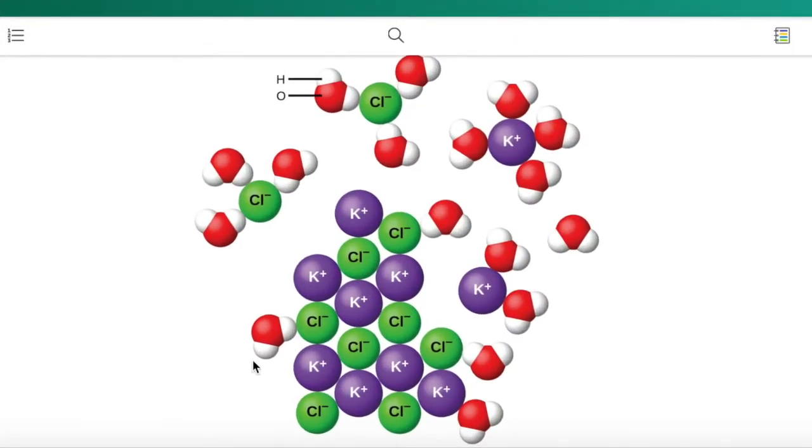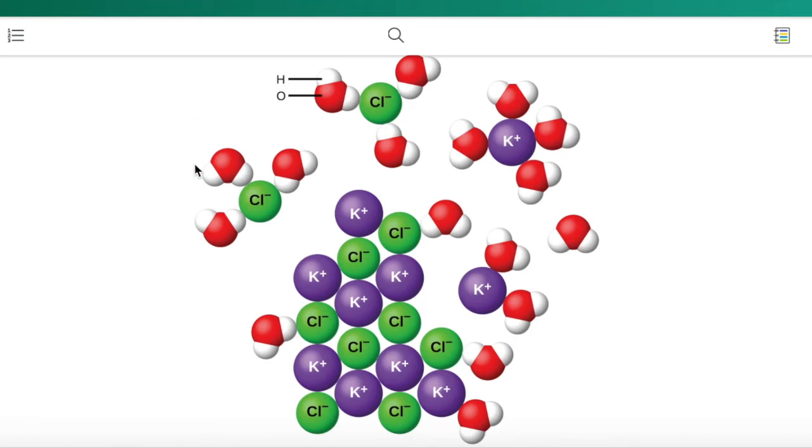I did find a colorful picture in your textbook of a similar process, ionic compounds being dissolved in water. This is potassium chloride instead of sodium chloride, but it's a similar thought. This is a topic talked about in chapter 11 of your textbook, which we are not covering this semester. It's what you will be getting into in Chemistry 102.